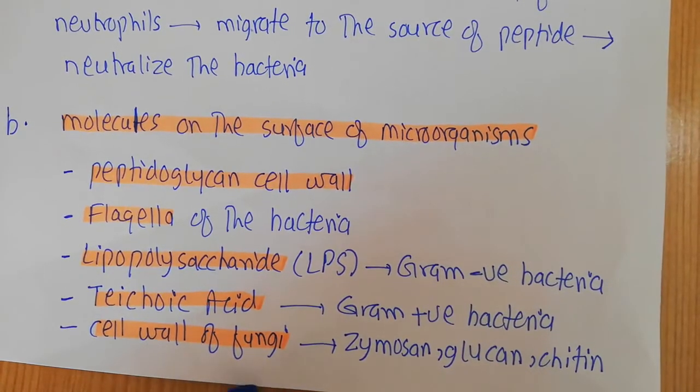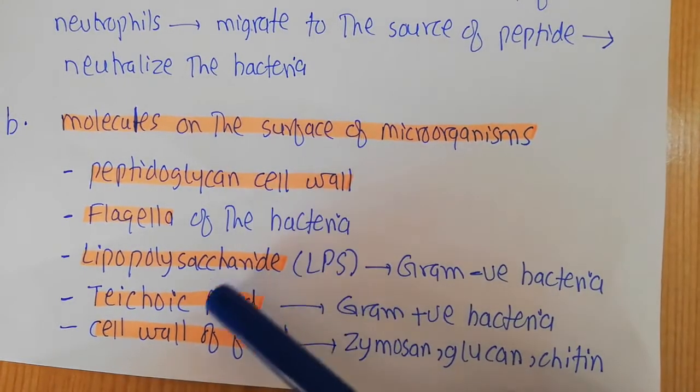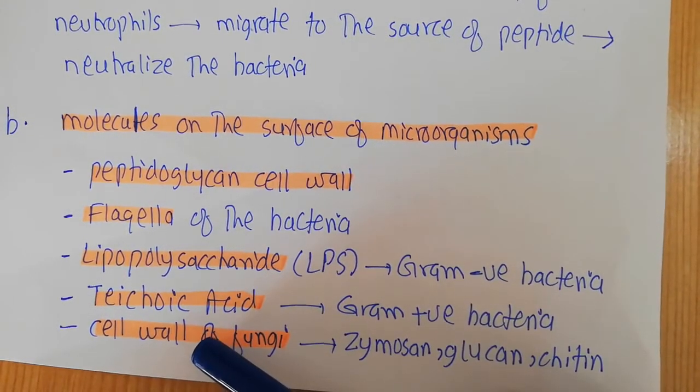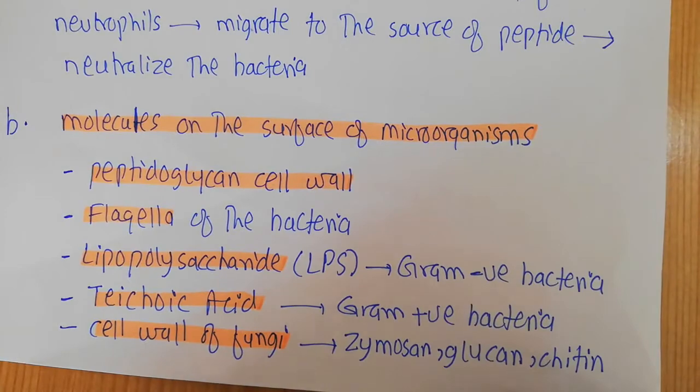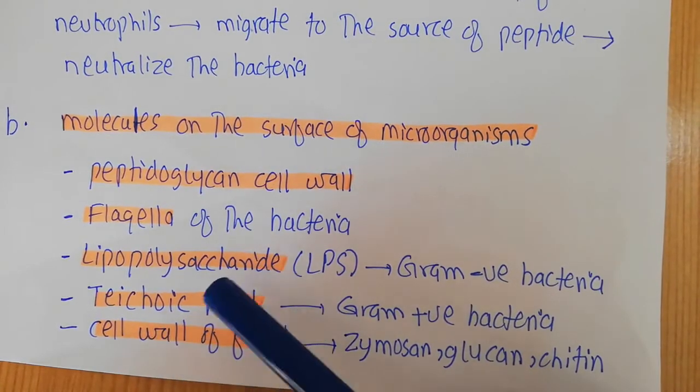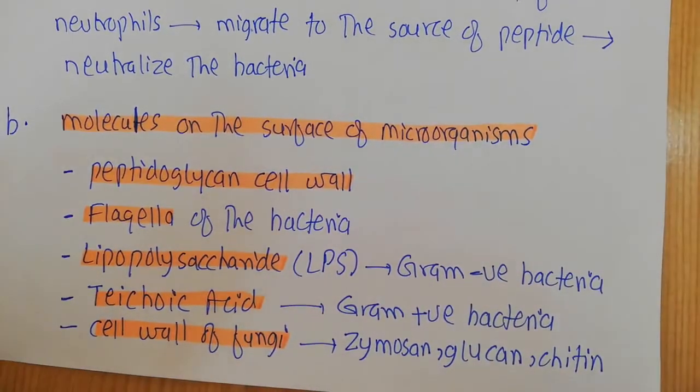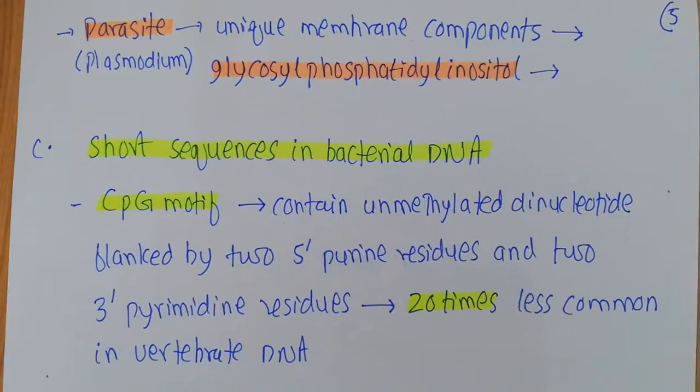When you talk about the cell wall of the fungi, they have got special molecules like the zymosan, the glucan, and the chitin. The important thing about all of these molecules is that they are absent from the host, so any immune response generated against them will not be affecting the host cell. They could be specific against the microorganisms.